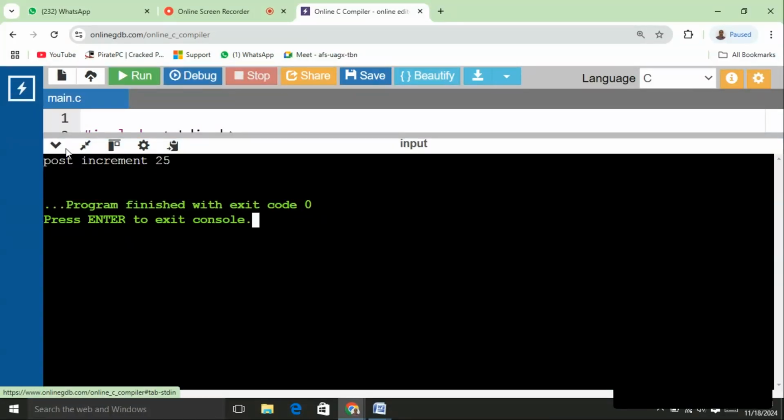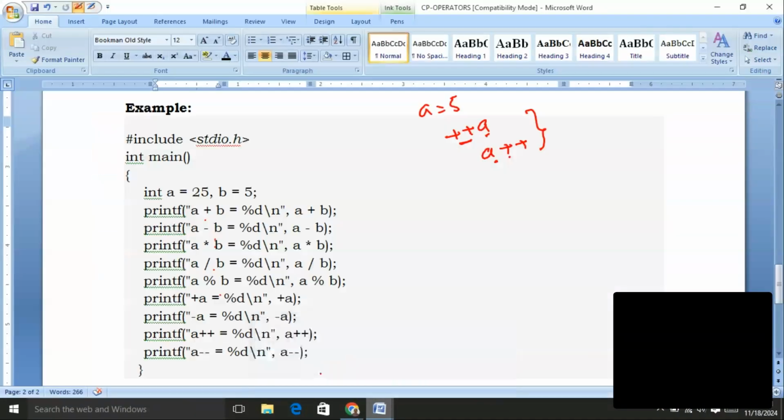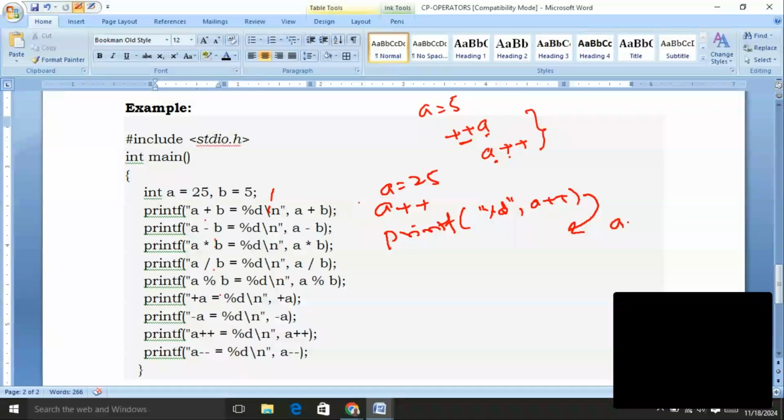So 25. Why is it not incremented? Post increment means the increment happens after completion of the execution of this statement. For your understanding, a++ with a equal to 25: in printf("%d", a++), after execution of this statement the a value is incremented as 25 plus 1, equal to 26.